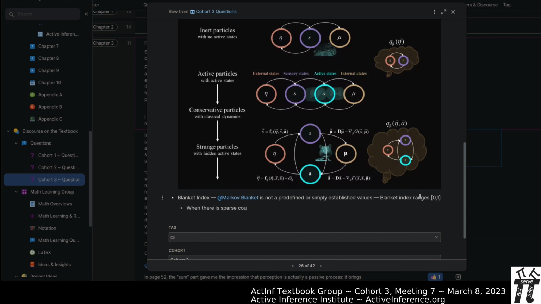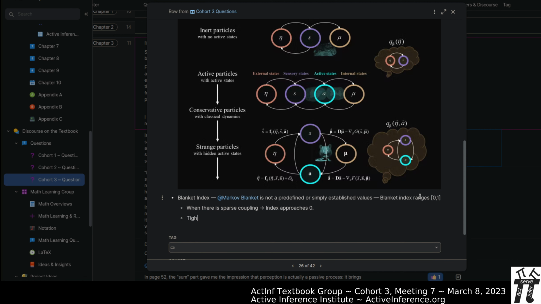But in less complex systems, in the systems that don't necessarily have this kind of nonlinearity embedded in them, and they behave more as linear systems, the blanket index is maximized. Yeah, it's a kind of spectrum, and we can have different levels of weakness or blanket index embedded in the definition of our Markov blanket.